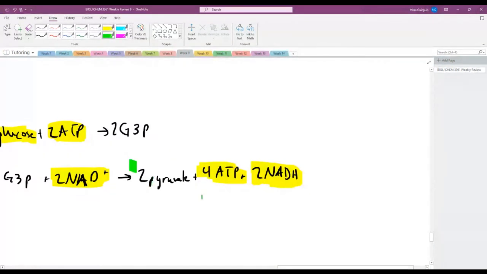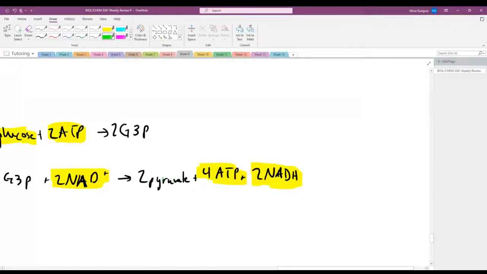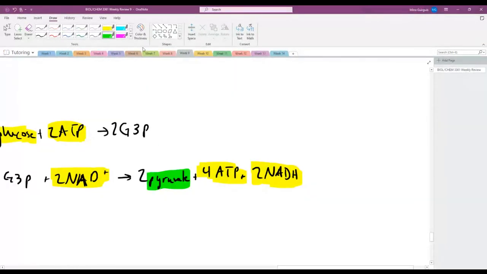And we got pyruvate, which, like I mentioned above, is that most connected metabolite. There are a lot of reasons why glycolysis is so important, but this is one of the big reasons, because it gives us pyruvate that we can use to do almost anything.